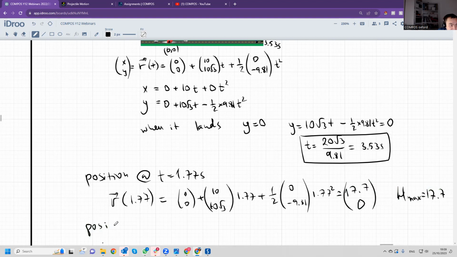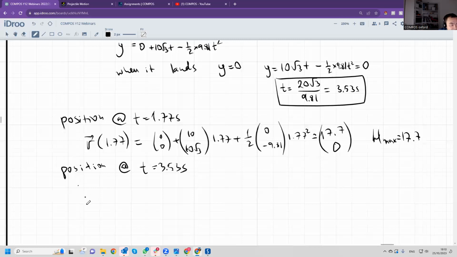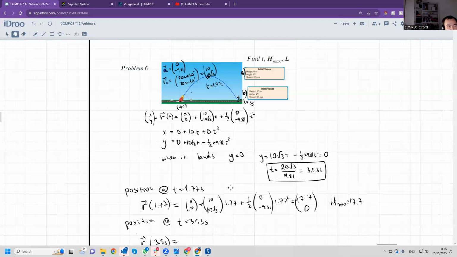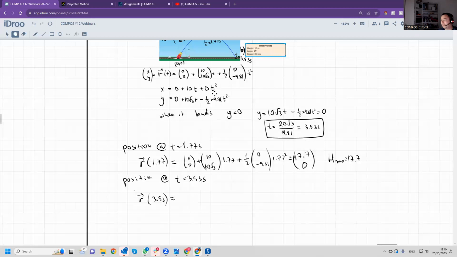So position at t equals 3.53 seconds. We just substitute 3.53. So you can see how powerful this tool is. I can give you an example. I once had a friend come up to me and say, "Let's make a game for iPhone," and I said, "Hell yeah, let's do it."